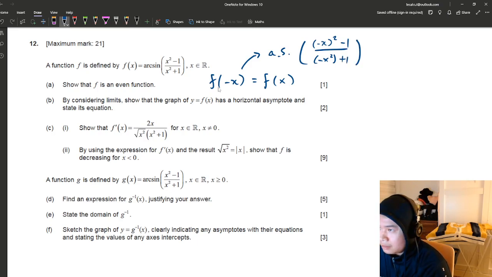And if you square the negative x, it becomes positive x squared anyways. So this is equal to f of x, so even.